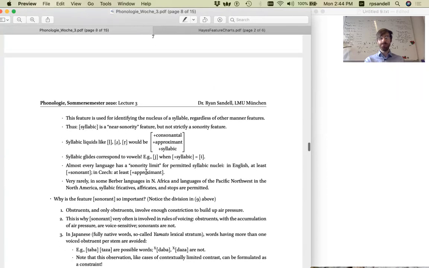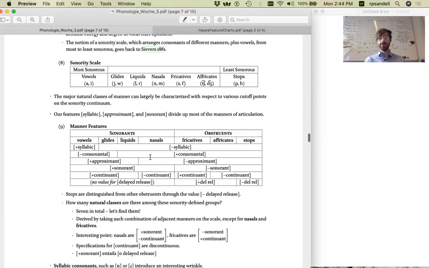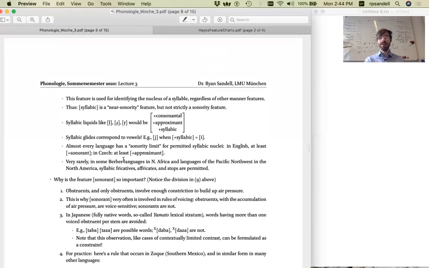In Czech, a sound has to be at least plus approximant. So nasals cannot be syllable nuclei in Czech, but liquids are allowed to work as syllable nuclei. And there are some very rare languages, for instance, Berber languages in North Africa and some indigenous North American languages of the Pacific Northwest, so British Columbia, Canada, and the state of Washington in the United States, where you also find syllabic fricatives, affricates, and even syllabic stops.